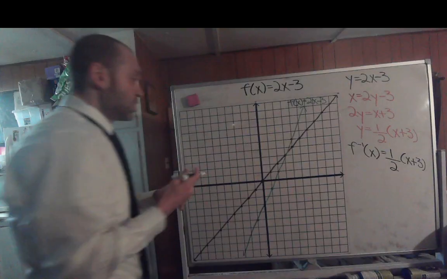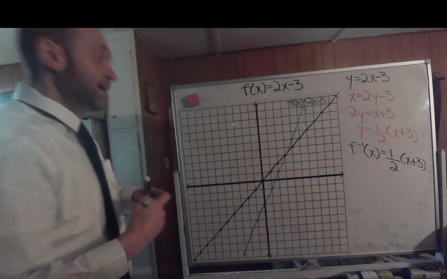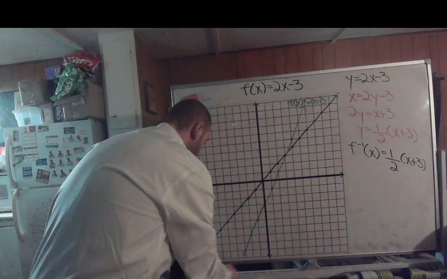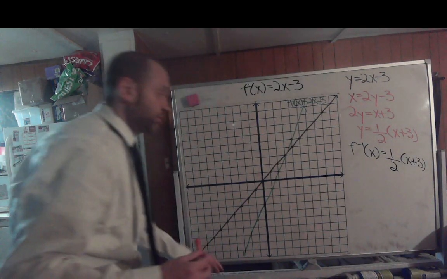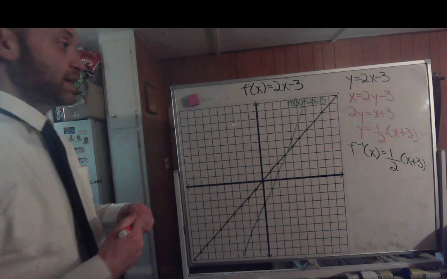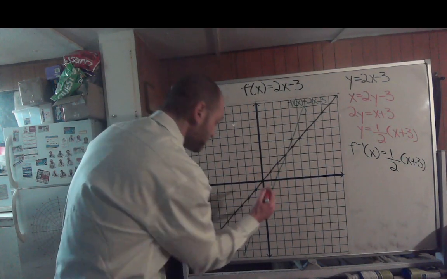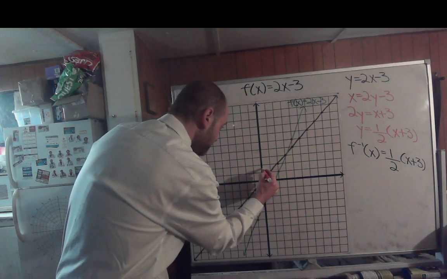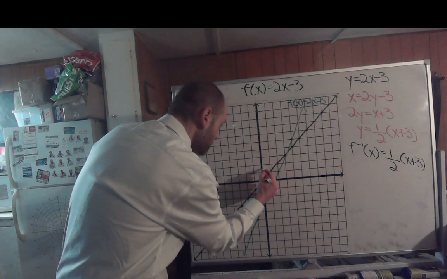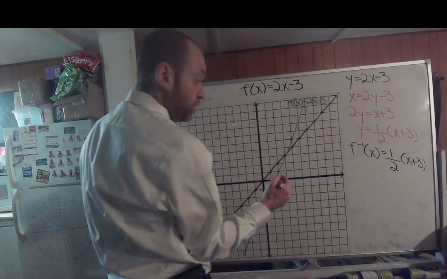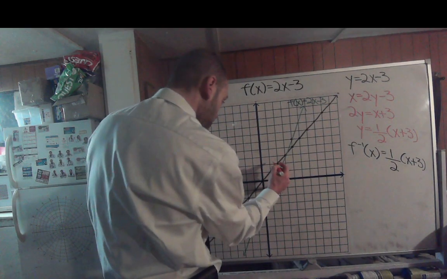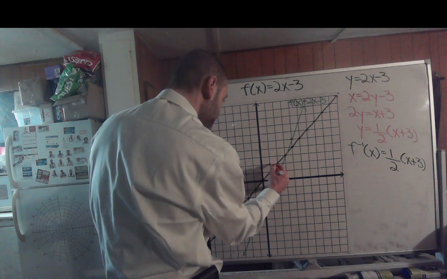Now, I'm going to graph my inverse in orange. And I'm going to show you graphically what an inverse function looks like. So when x is 0, you get half of 3, which is 1.5. When x is 1, you get half of 4, which is 2.